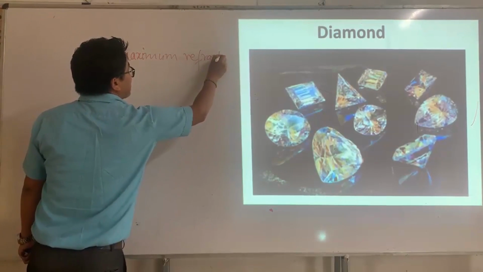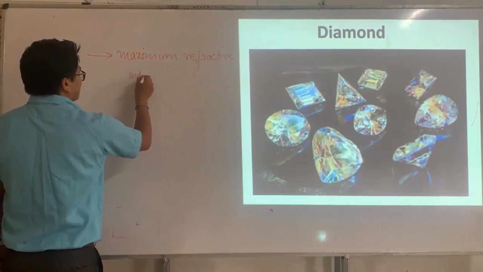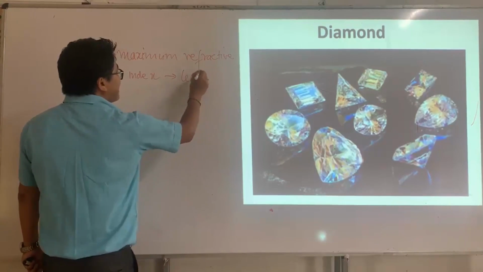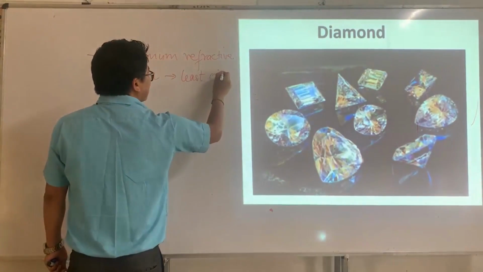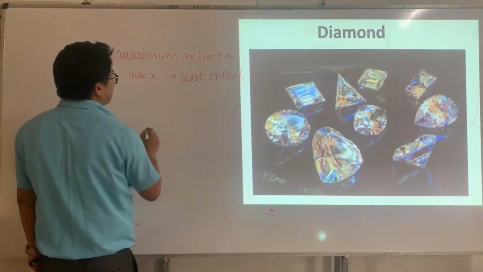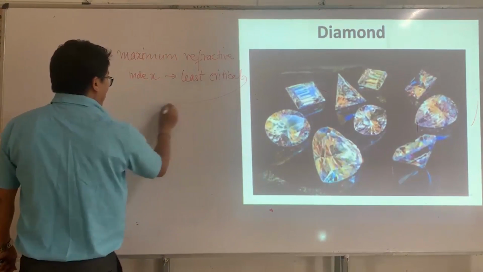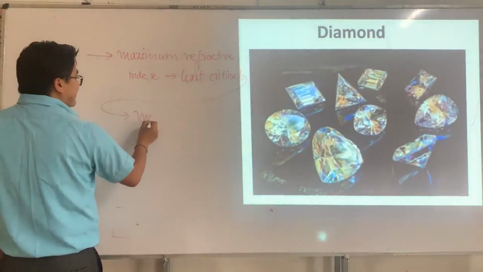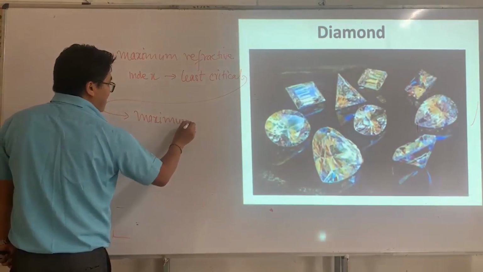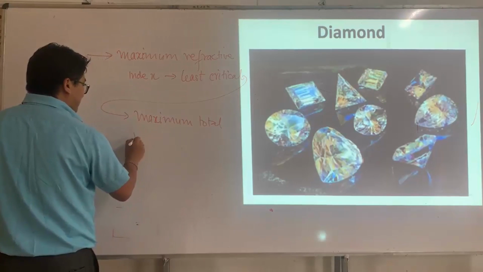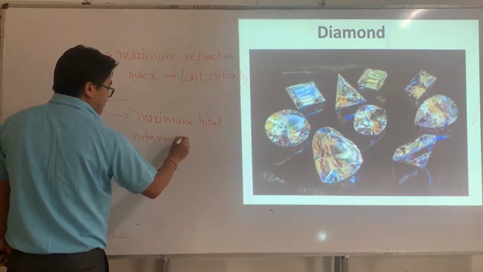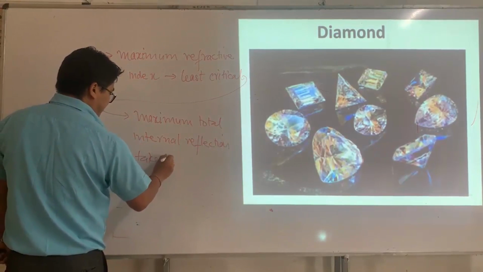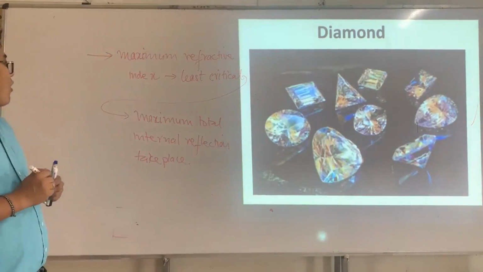Therefore it has the least critical angle. And therefore maximum total internal reflection takes place. So therefore, diamond shows this property.